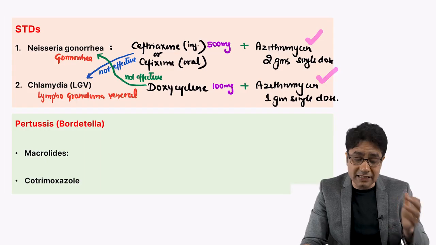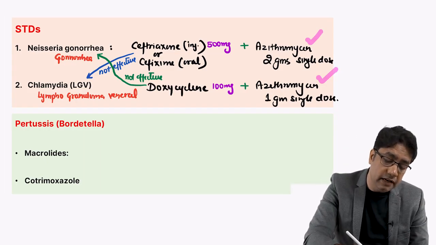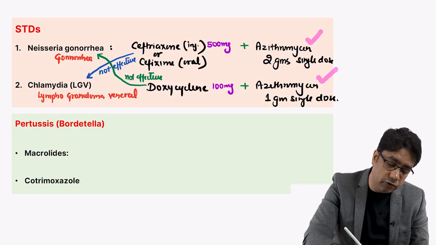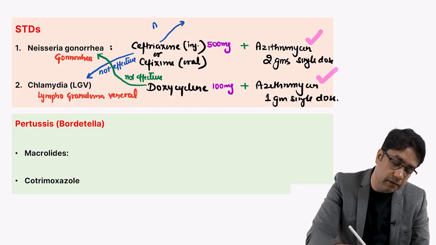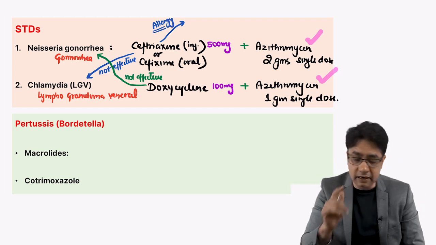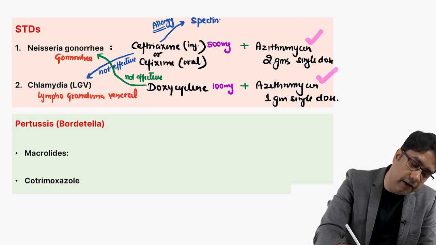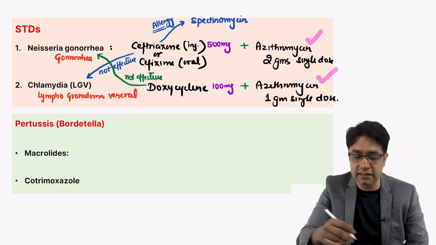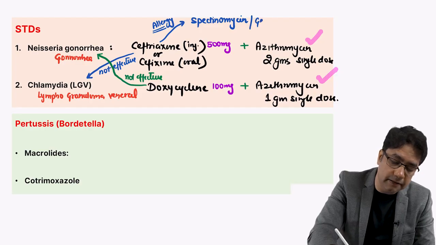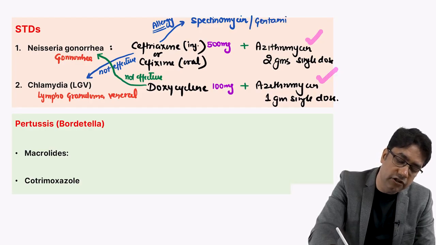Lastly, one additional point. Sometimes ceftriaxone can cause allergy, because penicillin, cephalosporin, they cause a lot of allergy. If there is ceftriaxone allergy, we can replace ceftriaxone with spectinomycin or gentamicin in cases of allergic reactions.